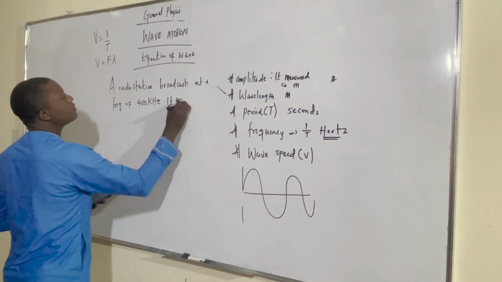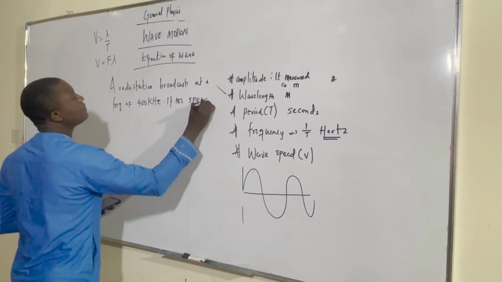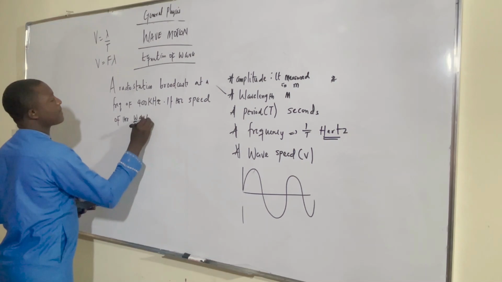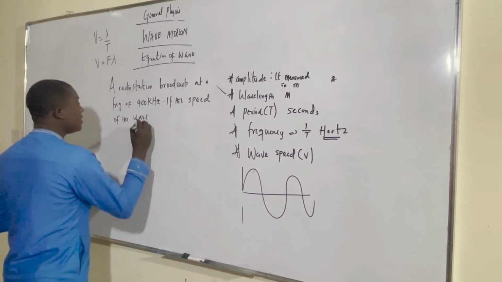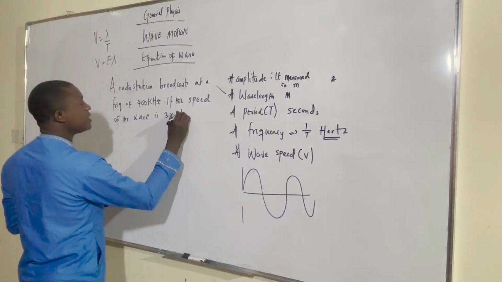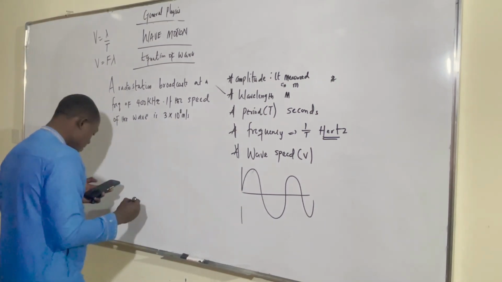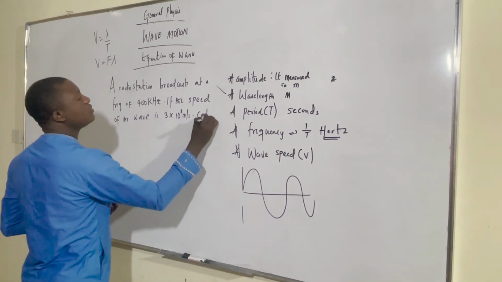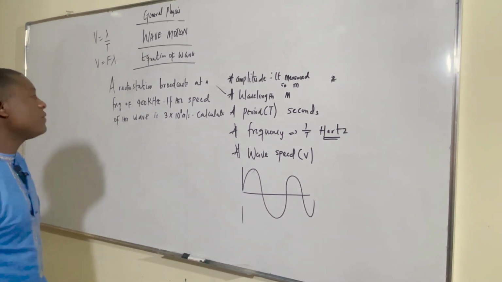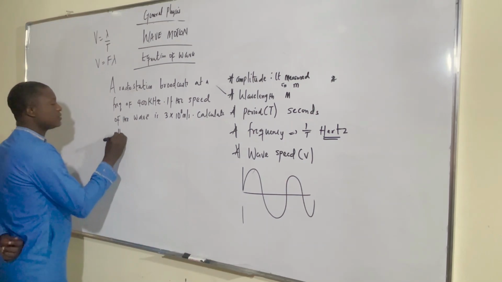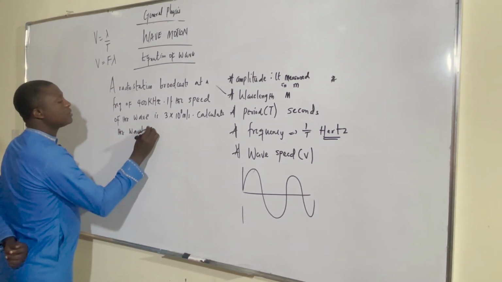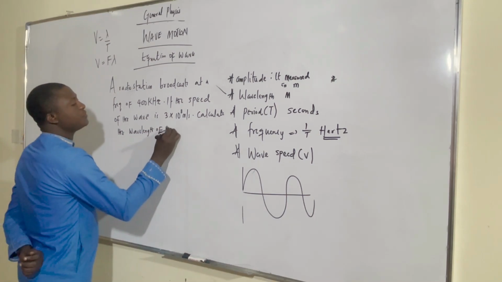If the speed of the wave is 3 times 10 to the power 8 meters per second, calculate the wavelength of the radio wave.